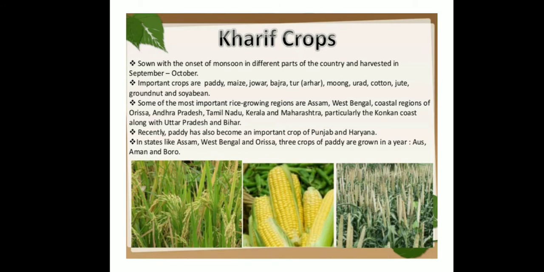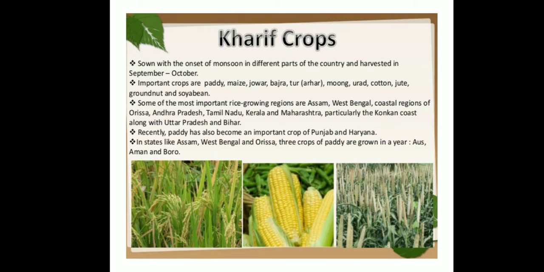Most of the important rice growing regions are Assam, West Bengal, coastal regions of Orissa, Andhra Pradesh, Tamil Nadu, Kerala, and Maharashtra, particularly the Konkan coast, along with Uttar Pradesh and Bihar. That means the area where water is more available, rice is grown.